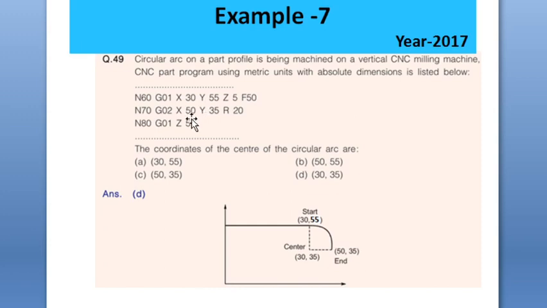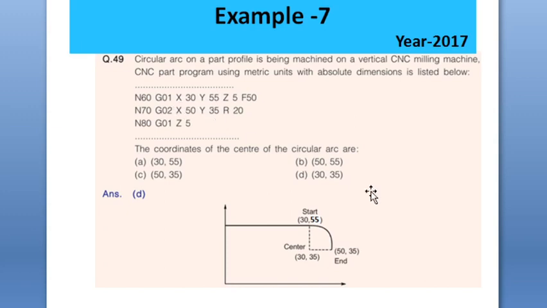The starting point of the arc is the previous statement, the N60 statement, X30, Y55. This X and Y are the end of the arc. Can you understand? X30, Y55 is the starting point of the arc. These coordinates are the destination, or end, of the arc.